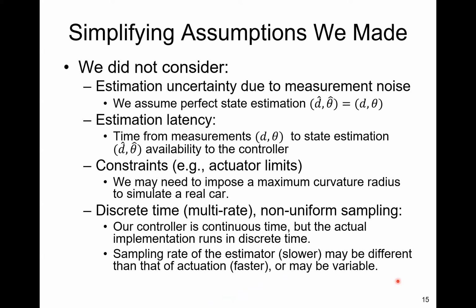There are many assumptions we made in the previous controller design example. We did not consider uncertainty due to measurement noise. We assume perfect state estimation, where d hat and theta hat, the estimated state, are equal to the actual state. In reality, you have a Kalman filter, particle filter, and a bunch of state estimation methods that try to minimize the estimation error, but your estimate will never be fully equal to the true state.